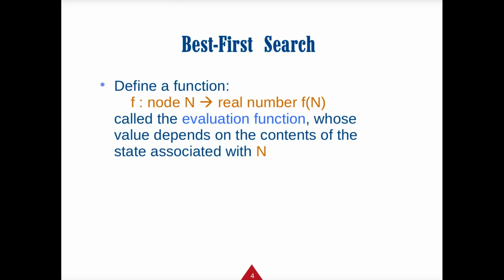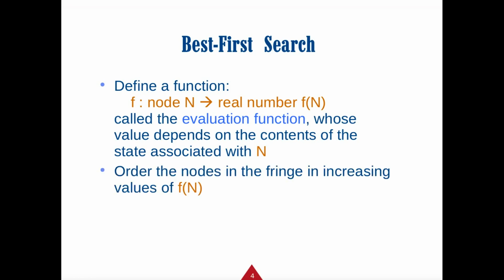So you can also think of these as best first searches, compared to depth first searches and breadth first searches. You define a node function where we have the node and we get a real number, the function f of n. We call this the evaluation function, whose value is the goodness of the state associated with the node n.